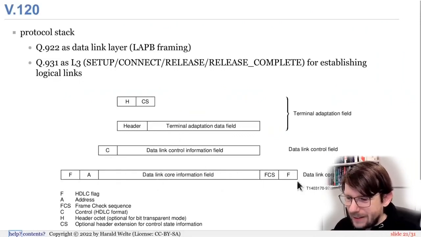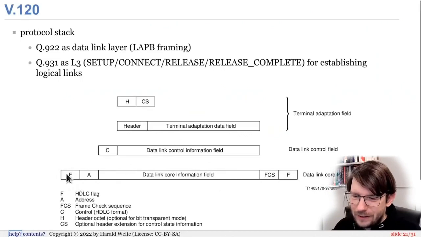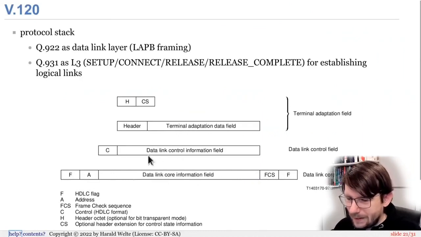So we have the data link core frame at the bottom, which has again a flag octet, the F at the beginning. It has an A, the address field. Then we have the data core information field. That's basically what is part of the next protocol layer up there.